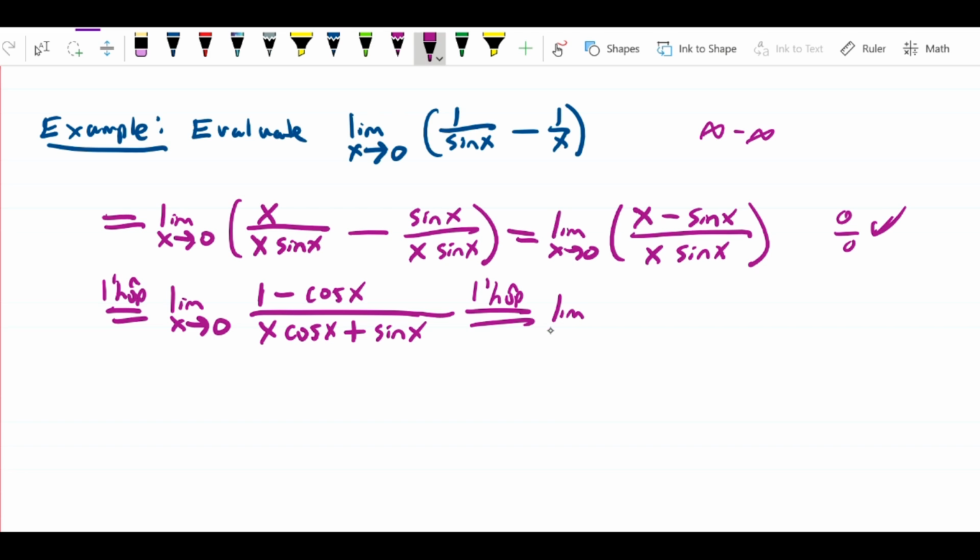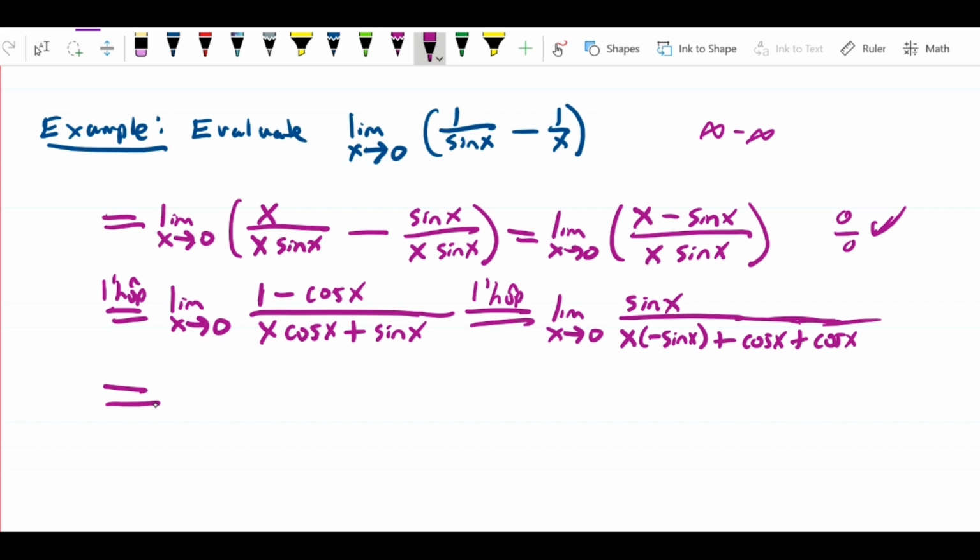That's going to give us the limit as x approaches 0 of the derivative of the top, which is 0 minus negative sine, so that's sine x, over, on the bottom, we need the product rule for the first term, and then the derivative of sine x is just cosine x. So this is going to be x times negative sine x plus 1 times cosine x, which is cosine x, and then the derivative of sine x is cosine x.